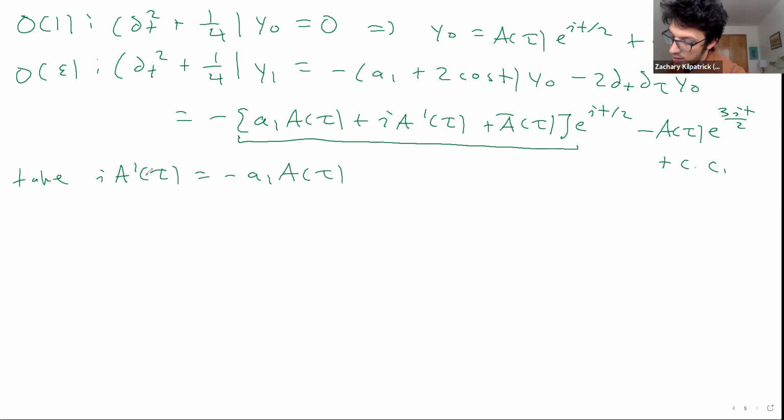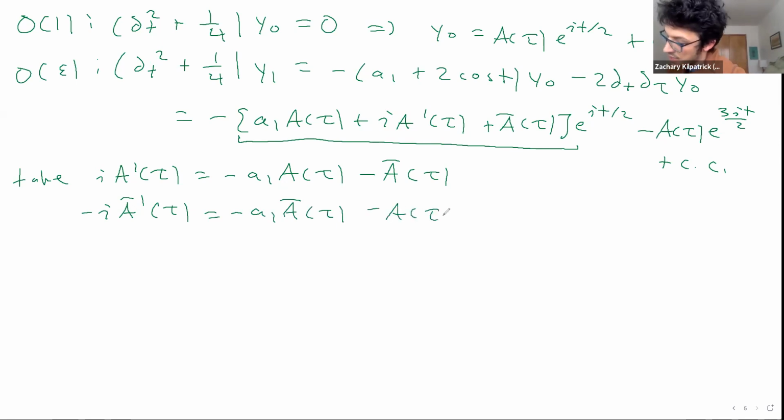I A prime of tau equals minus a1 A of tau minus A bar of tau. And then the complex conjugate I have is minus A bar prime of tau equals minus a1 A bar of tau minus A of tau. So there's a number of ways I could decompose.